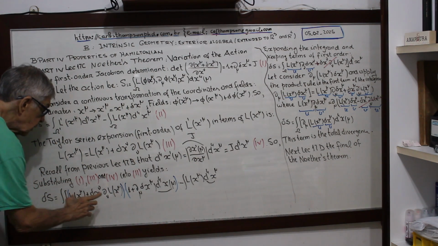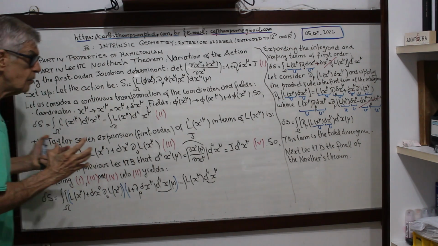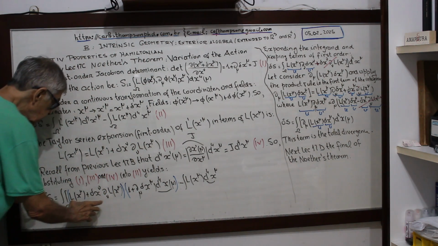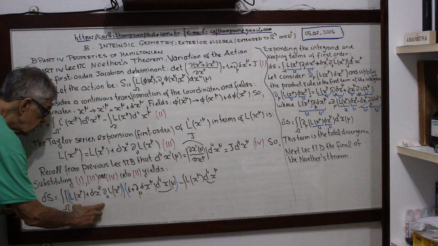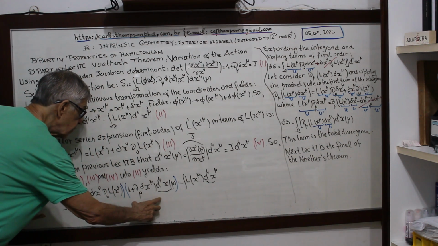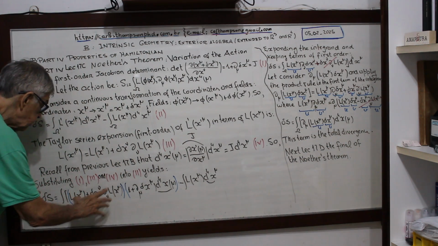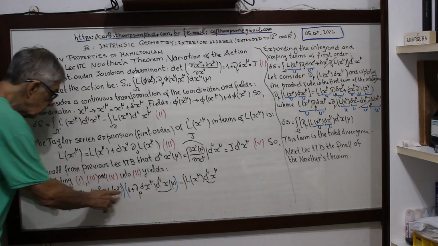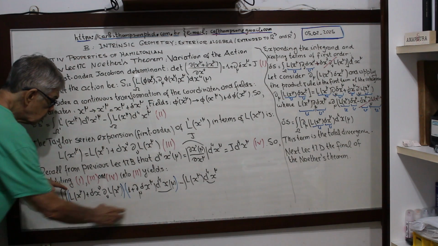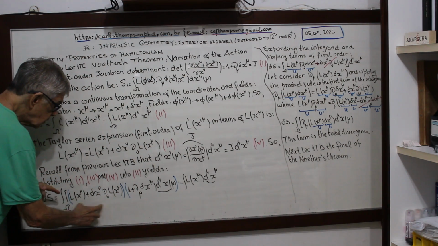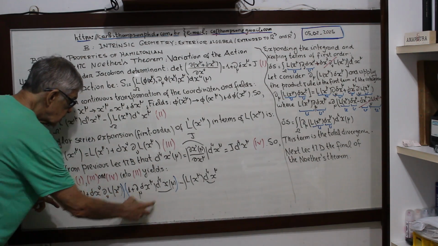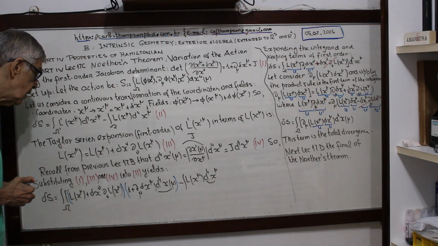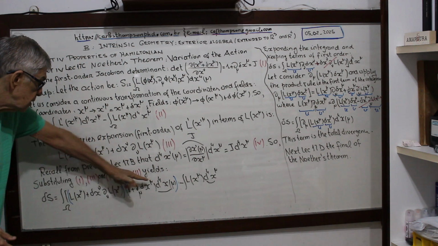This is very easy algebra to expand. I have a summation over here and a summation over here, so you just multiply. We will have this term with this one, this term with this one, this with this, and this with this. So you're going to have four terms when you expand this.